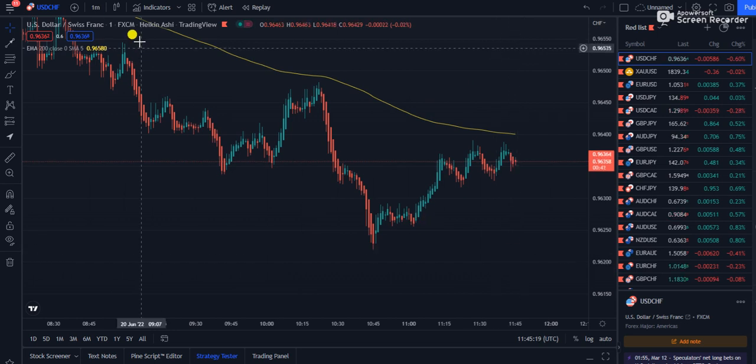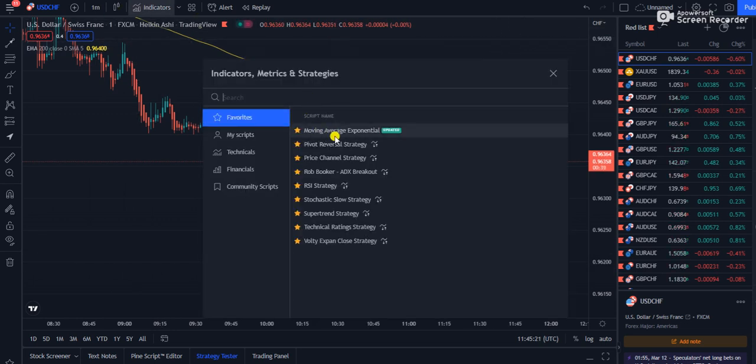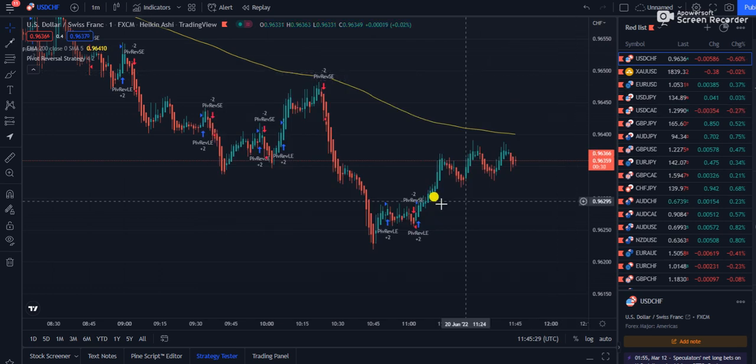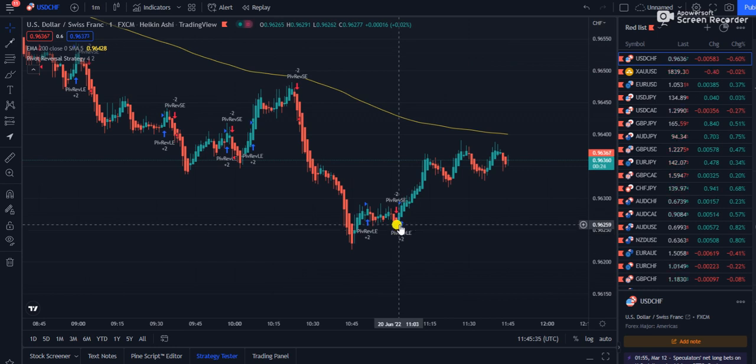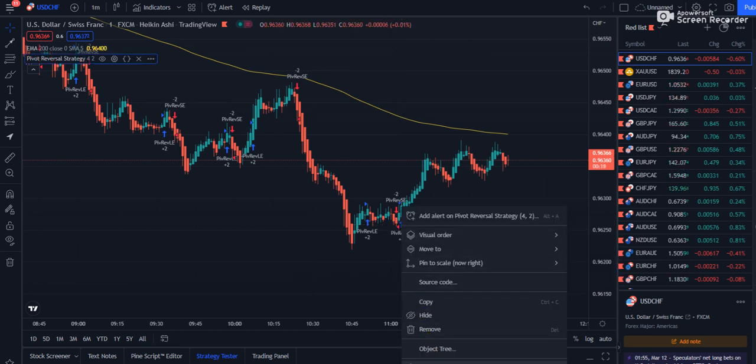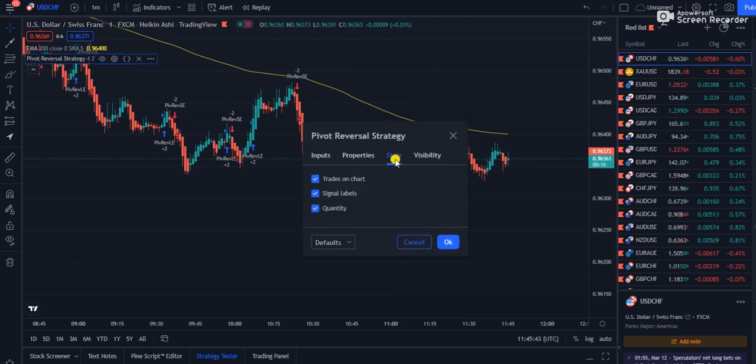Okay, the second indicator that we will be using in this strategy is the pivot reversal strategy. You can go into the indicator section and write pivot reversal strategy, and then it will be attached on the screen. Now you don't need to use it without any changes. We also need to make some changes to the pivot reversal strategy. So we have to go into the settings of this, and then go to the input section.